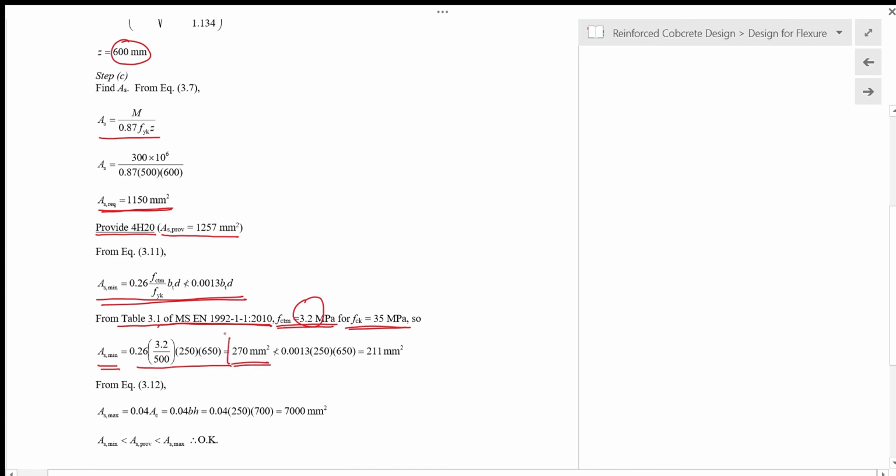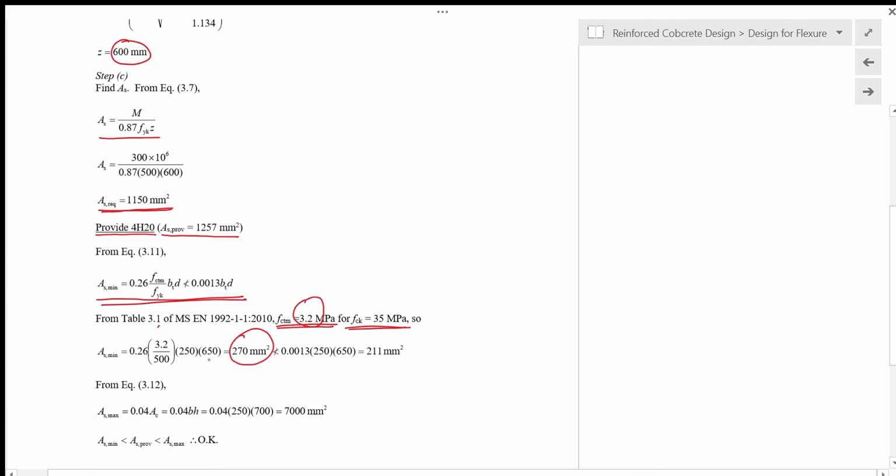This is the minimum steel bar area that you need to provide. This value cannot be less than 0.0013 BD. So 0.0013 times B times D is 211 square millimeter, meaning that this 270 square millimeter value is okay. This is the minimum steel area.